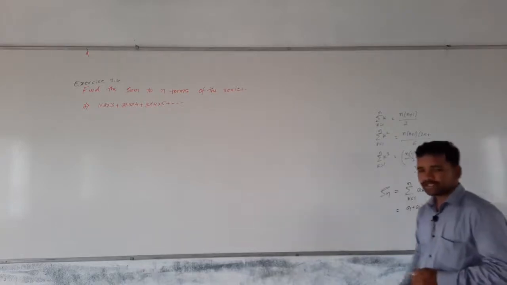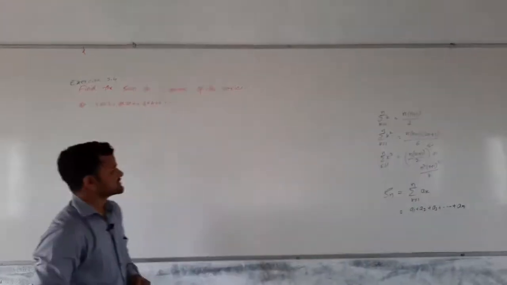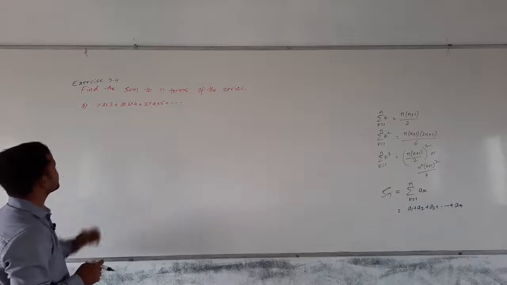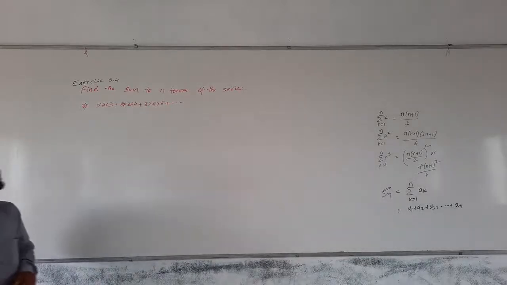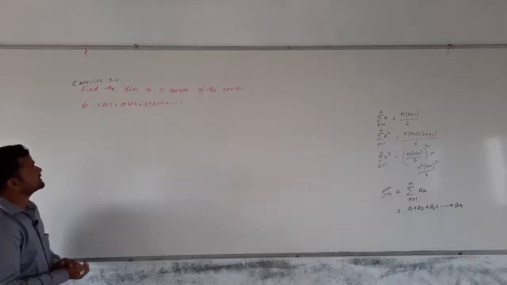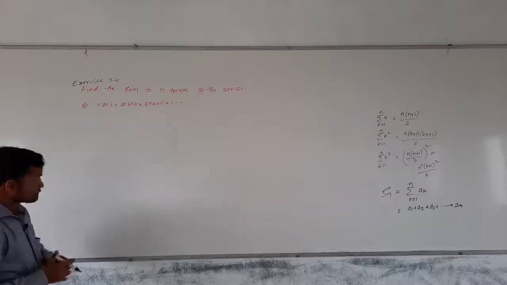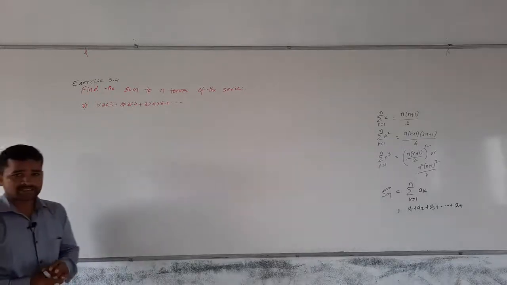Like that we will be taking the sum of the first n terms of the given series, whose nth term we will be calculating. You see here, there is a special series given. The first term is 1 into 2 into 3, the second term is 2 into 3 into 4, and the third term is 3 into 4 into 5, like that it is given to us.